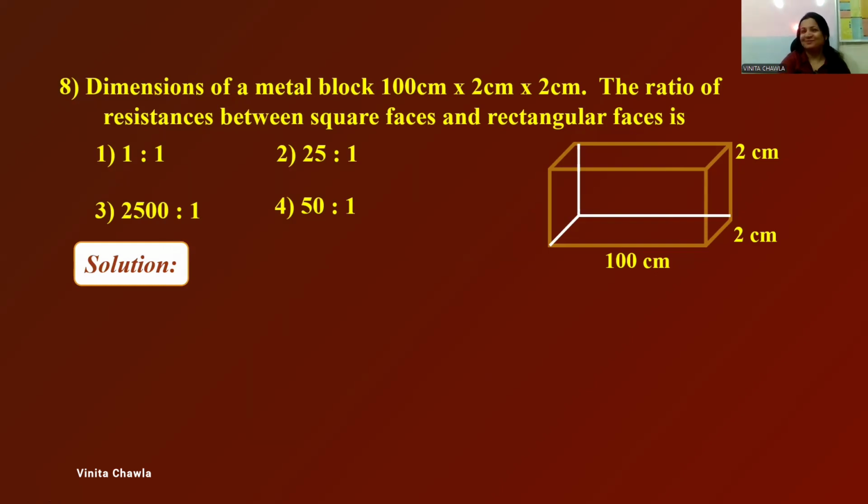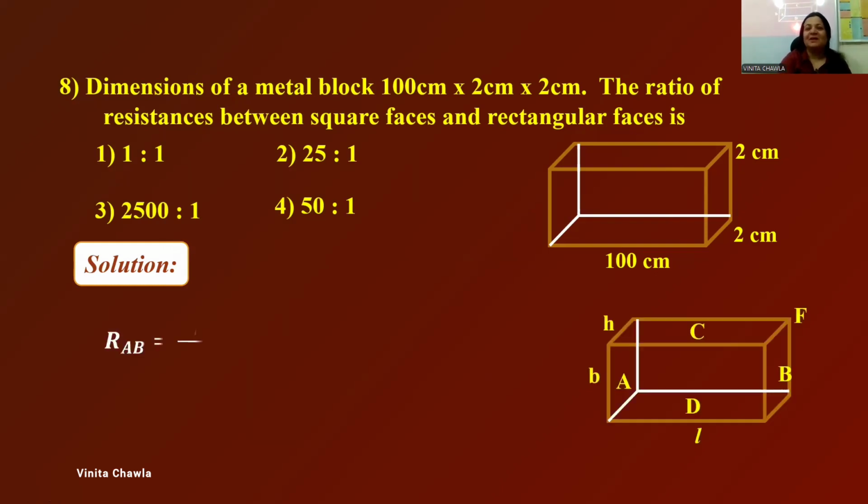How will you find it? See, if you have to find the resistance between these two ends AB, then you will take the length of the metal block as L. If you are considering your square faces, then this is the length, and the area of cross section is B cross H. And if you are considering these two faces, then for length you have this B. This is B, no?